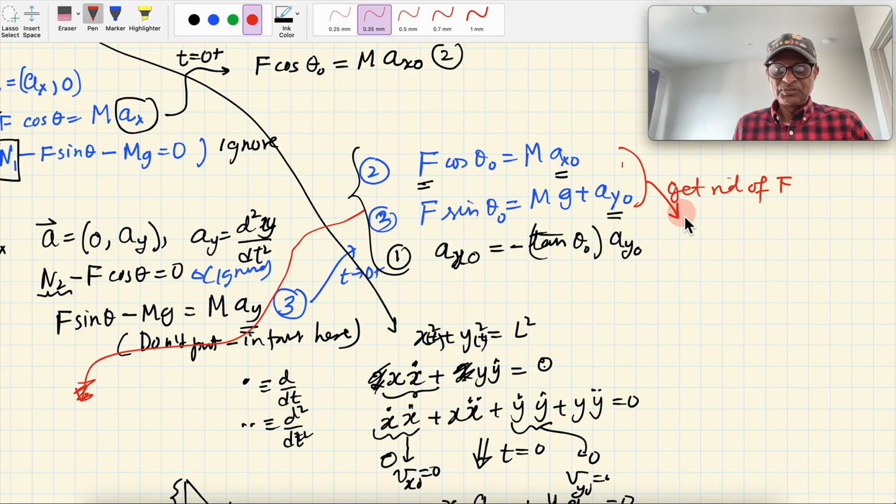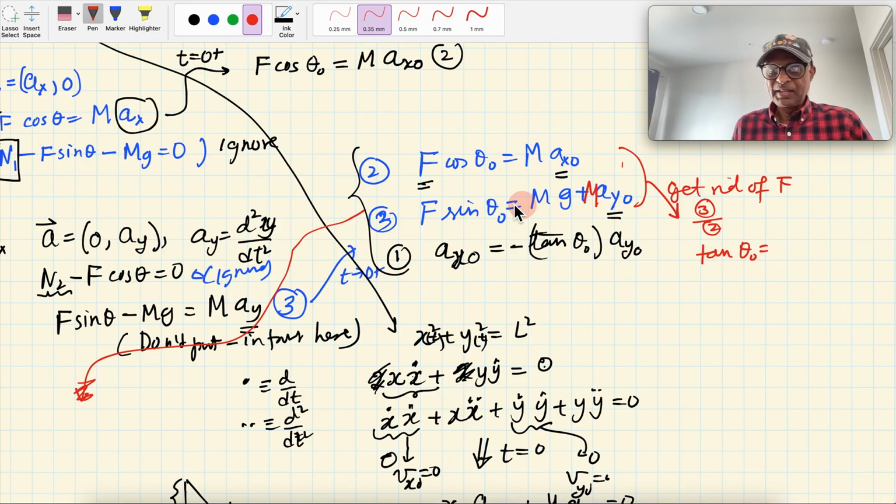So, dividing 3 by 2 on each side, the left side has tangent theta 0. On the right side there must be an m missing here.